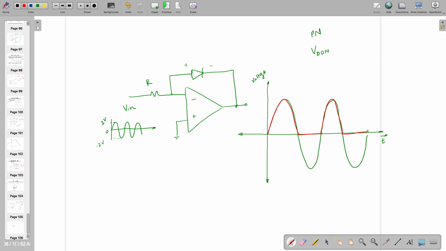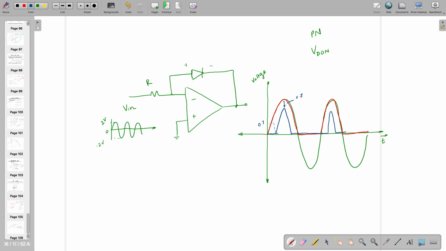Started from 0.7, from where? From positive, it will start from 0.7 volt. So have you drawn this one? If you have drawn this one, then it's correct. The difference everywhere has to be 0.7.